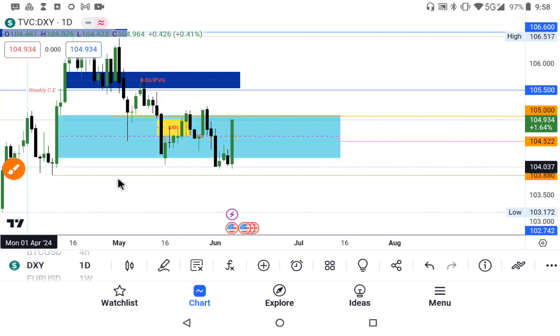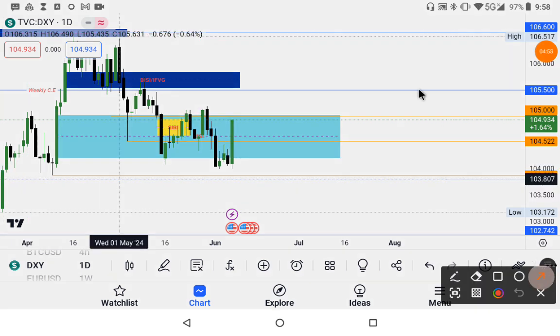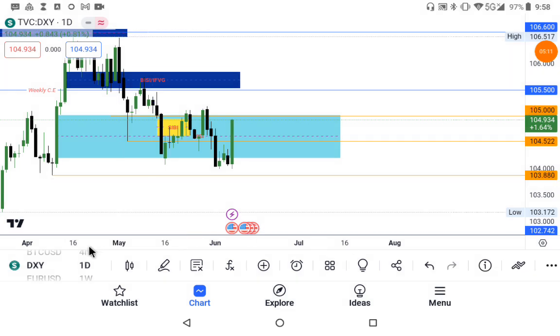This digit here, 104.522, to serve as support to this movement, then give us a delivery into 105,000 and 105.500. So that will be that on our baseline.